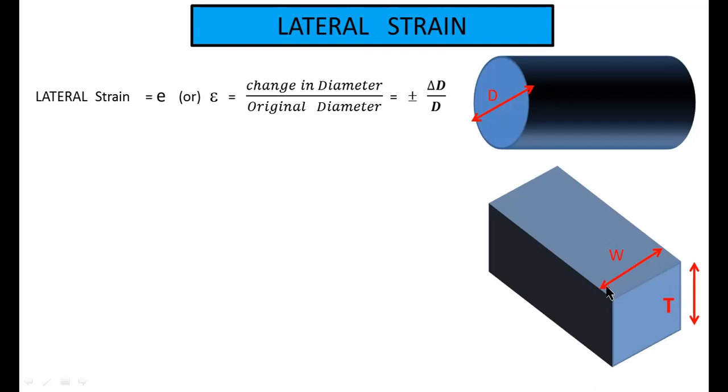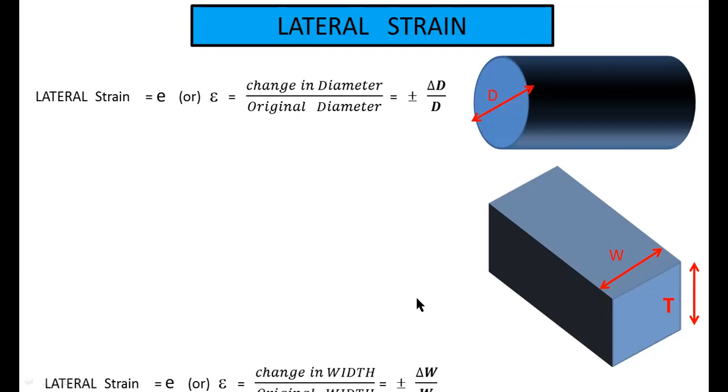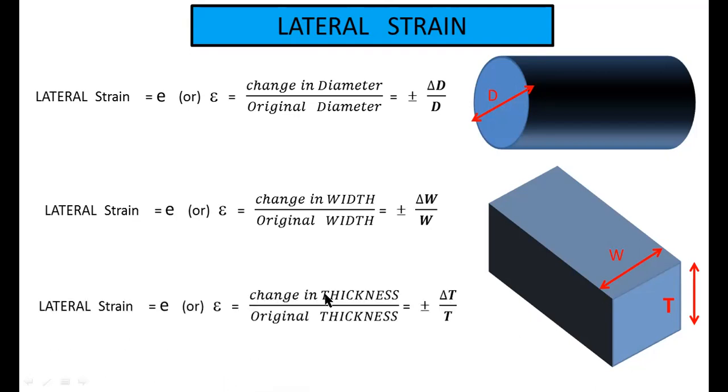Change in width by original width is called lateral strain, and change in thickness by original thickness is also called lateral strain. These three are the lateral strains: change in diameter by original diameter for circular shafts, change in width by original width, and change in thickness by original thickness. These two are for this type of cross sections.